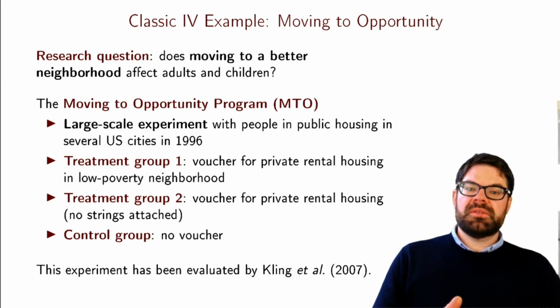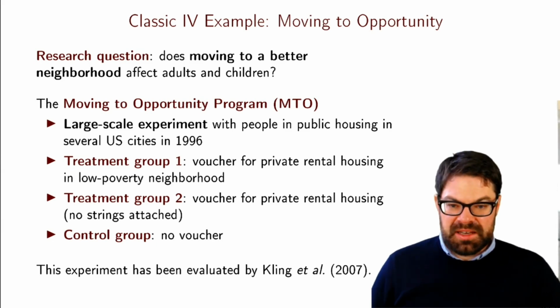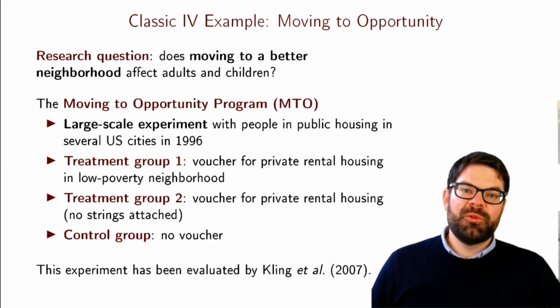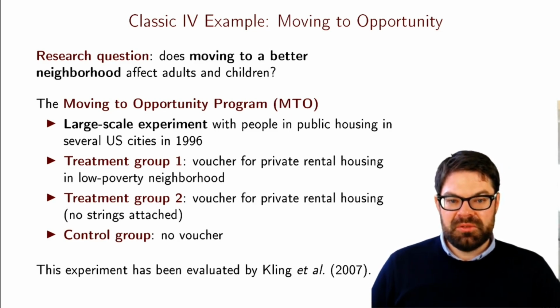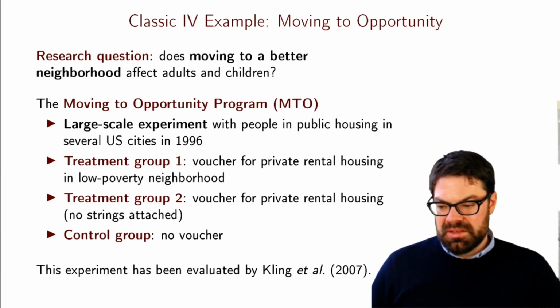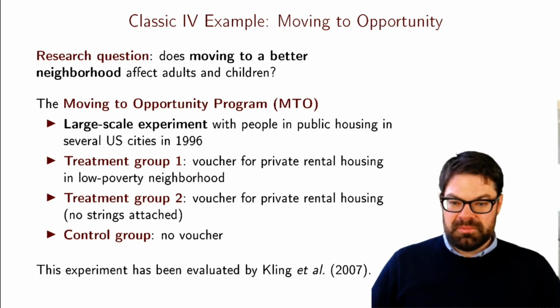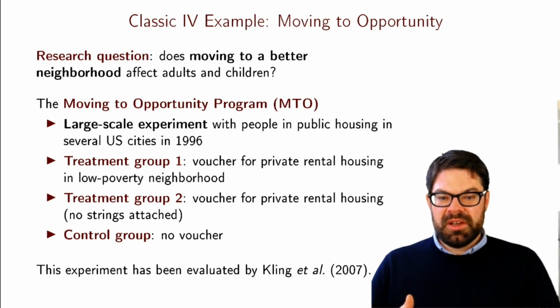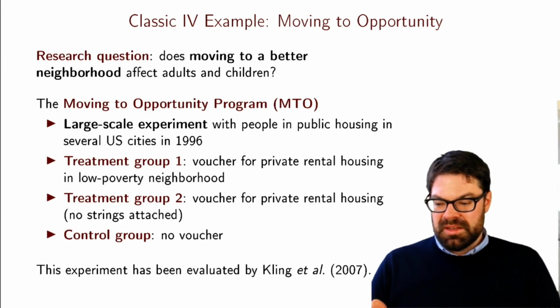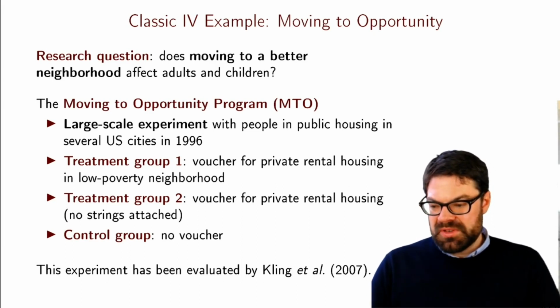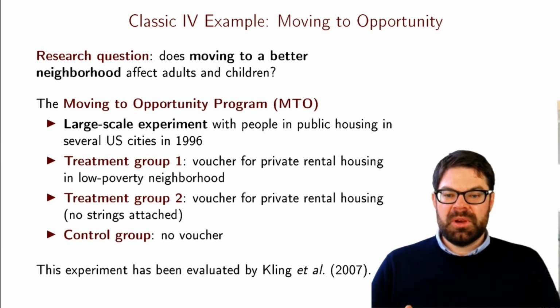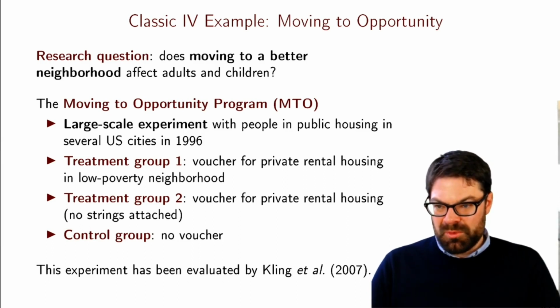Now, to illustrate this, I'm choosing a classic example of an IV study, which was a large randomized control trial in the 90s in the US called Moving to Opportunity. So the idea was that you had in several US cities very poor neighborhoods, and the concern was that with lots of public housing there, it's very hard for people to move out of these neighborhoods.